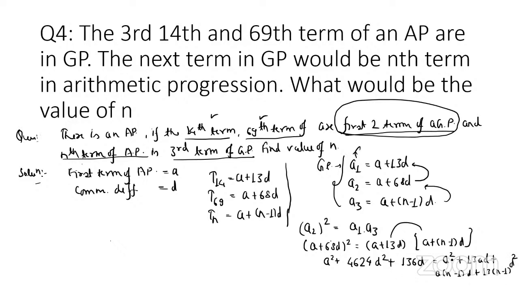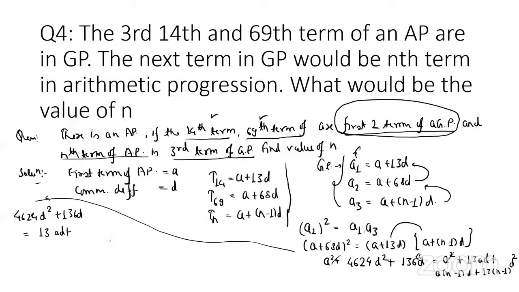A squared is definitely going to be cancelled, right everyone? Let's see what will be the later result. The left side we can say is 4624 d squared plus 136Ad. On the right side, we can say this equals 13Ad plus, guys, this is also Ad. I just forgot that. This should also be Ad.